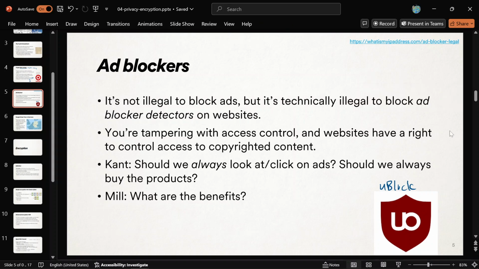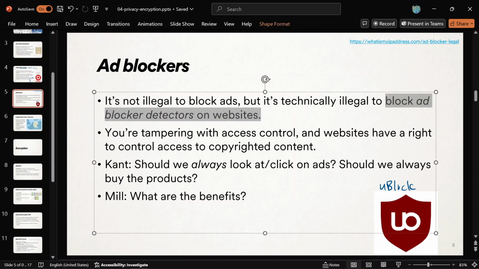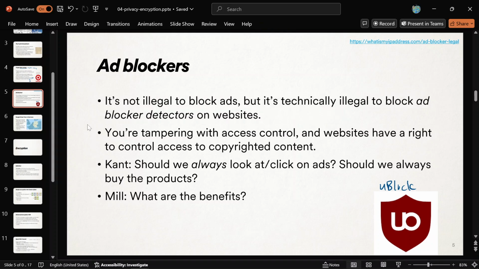You may have seen that on Duolingo, for example. It's like, buy the pro version so that you don't have to use an ad blocker instead of showing you normal ads. The reason it's illegal to block ad blocker detectors is that it gets into a gray area with access control, which is that websites should have the ability to control who is looking at them.